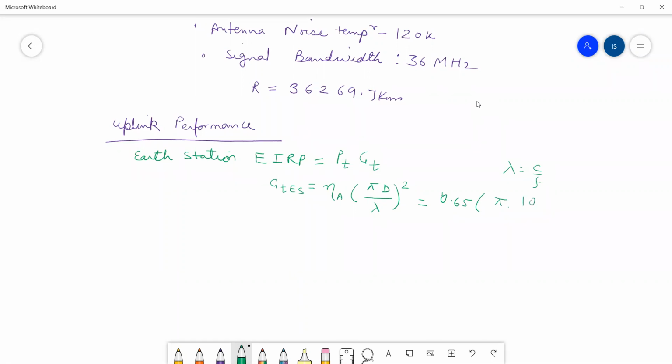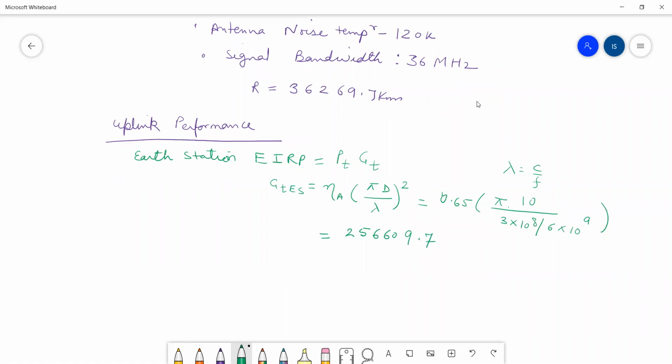So pi into 10 by C, which is 3 into 10 to the power 8, and then what was the frequency? 6 gigahertz, so 6 into 10 raised to 9. So when we calculate it, it will be 256,609.7.